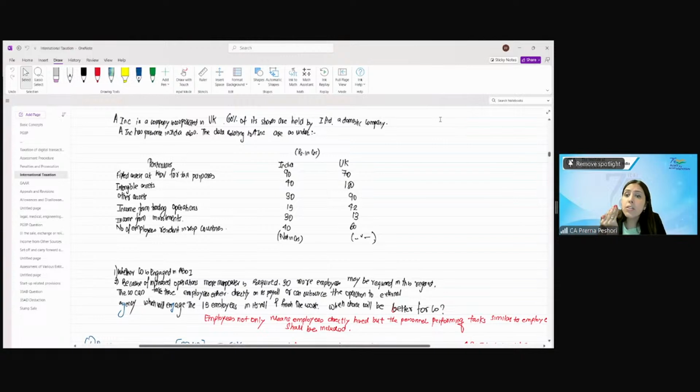Meaning the company is trying to understand that in case we recruit 30 more people on our payroll, will the POEM get triggered in India because of not satisfying the employee test? Or if we hire 15 people as freelancers through some external agency, will that prevent the applicability of the POEM? That is the question the company is seeking your answer on.